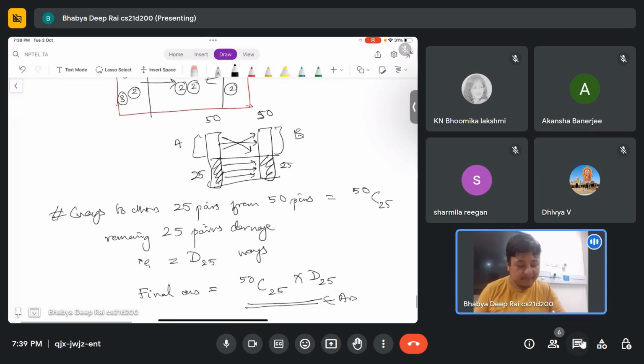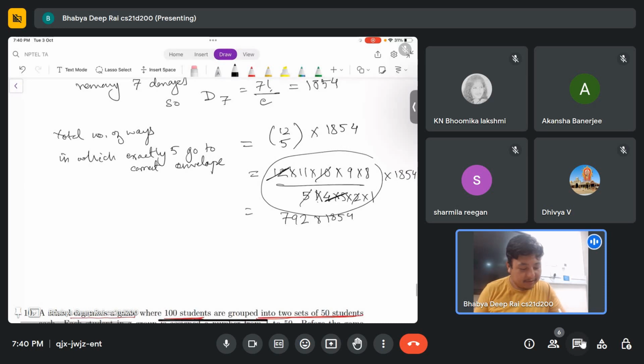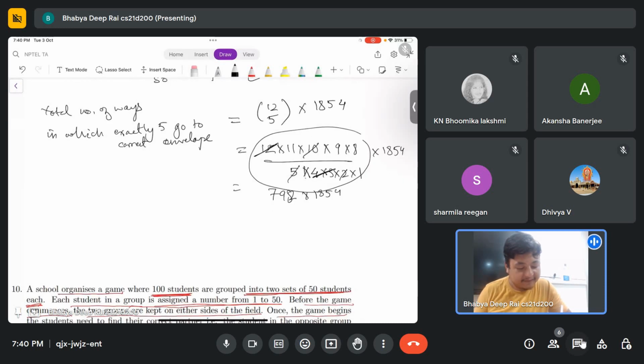It turns out the mistake here was in 798. Is it 798? I actually checked 12 choose 5. Oh, it's 792. Oh, then it was correct. 792.